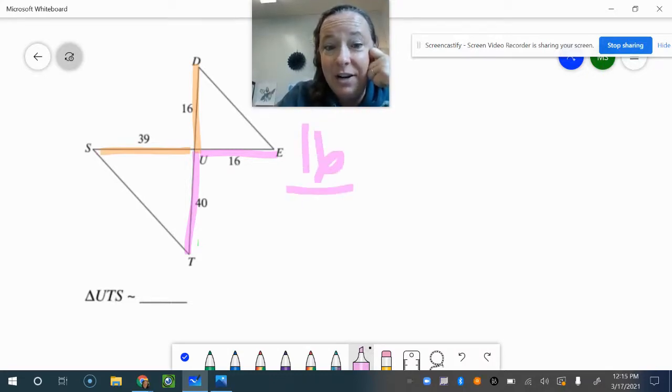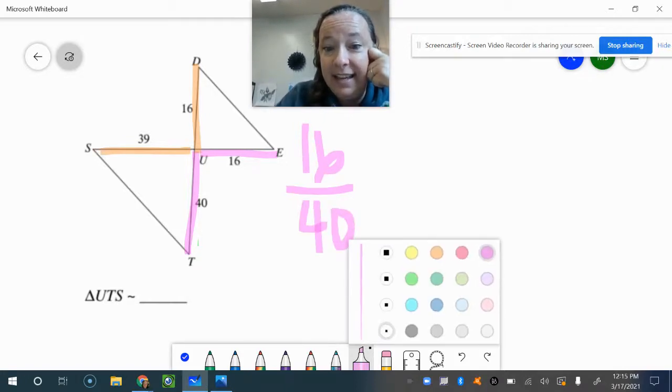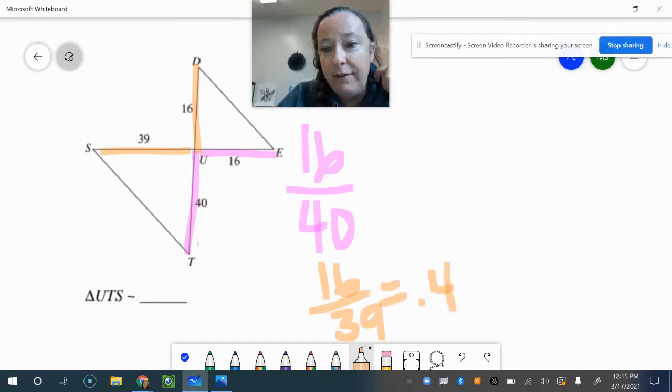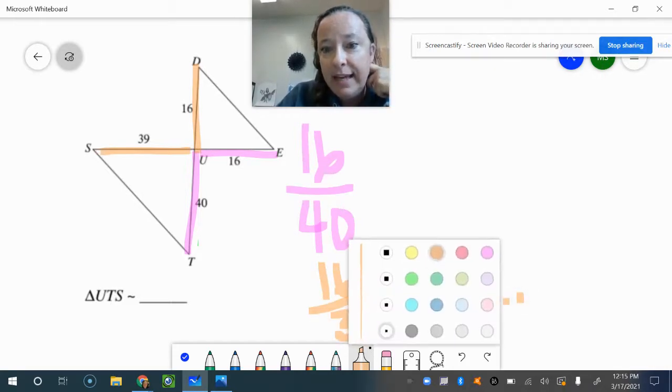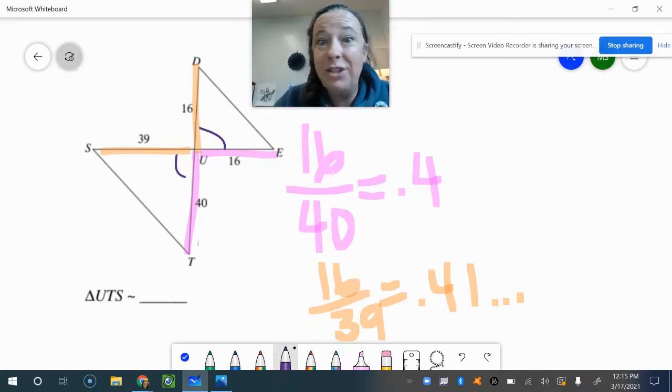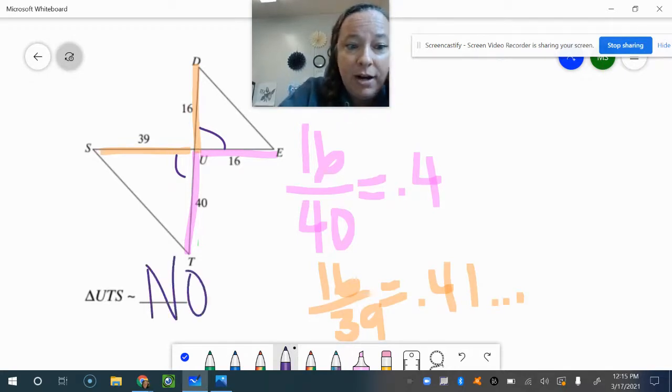So if I did 16 over 40 and then 16 over 39, 16 over 39 is 0.41 and 16 over 40 is 0.4, and they don't match, y'all. So even though we have these congruent angles and we have a side, an angle, and a side, the sides are not in proportion. So guys, no, these are not similar. So we can't even do a similarity statement.